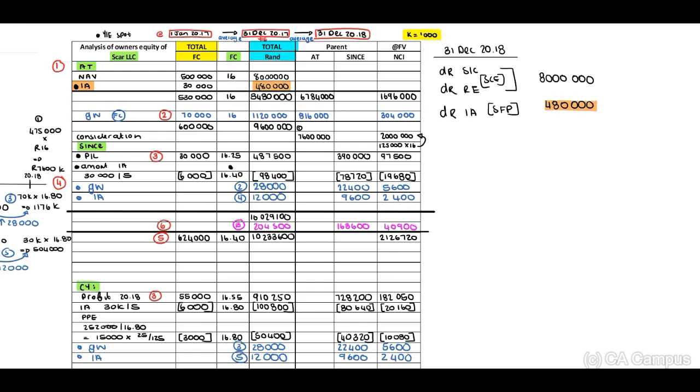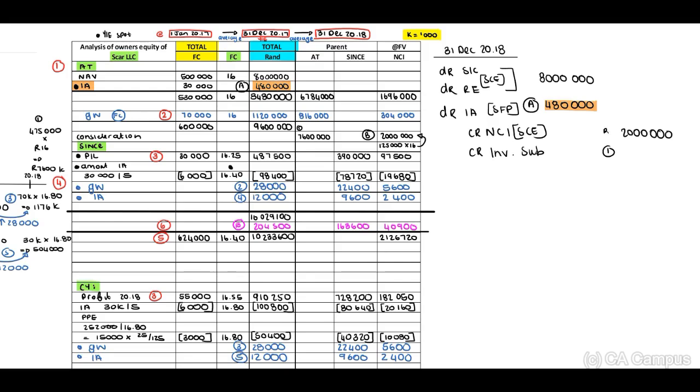I'm going to make use of an alphabetical sequence for my marker to be able to identify where I calculated this. We need to credit our NCI, and this is from our analysis of owner's equity, statement of changes in equity, and this will be my B, 2 million. We need to credit the investment in the subsidiary, and this will be my calculation number 1.